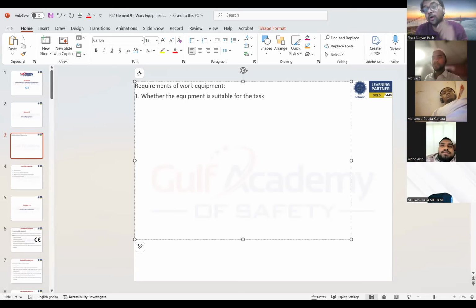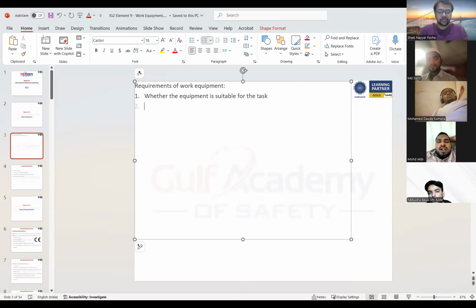No, it's totally useless. What does this mean? Whatever the task, if you are not selecting the right equipment for the job, that will increase the risk and it is useless. So the first question that should come to our mind is whether the equipment I am selecting will be suitable for that particular job or not.